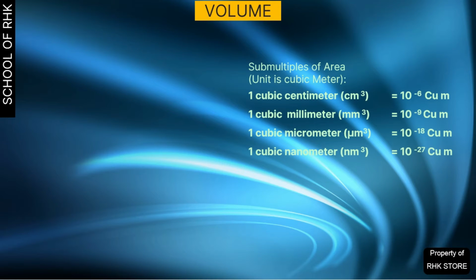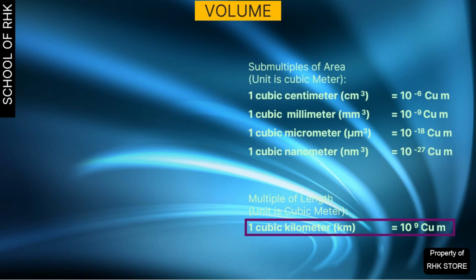However, the most widely used submultiples of volume are cubic centimeter and cubic millimeter. A multiple for large volume is 1 cubic kilometer, which is equal to 10 raised to the power of 9 cubic meters.